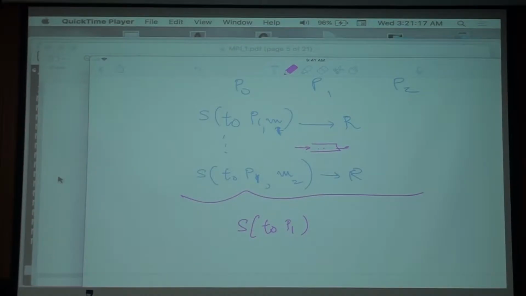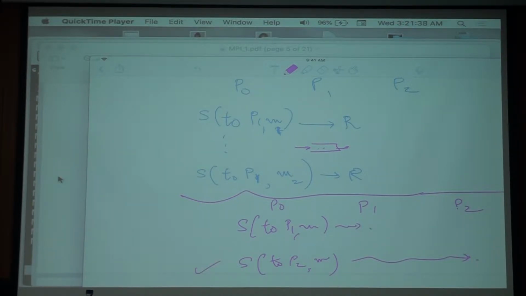But between different processes there is no such restriction. So if I say send to P1 and P1 is here, P0 is here, P2 is here, then I say send to P2 of some message. This has also a message. There are many arguments. I'm just showing the message, and then it is sending to different processes.